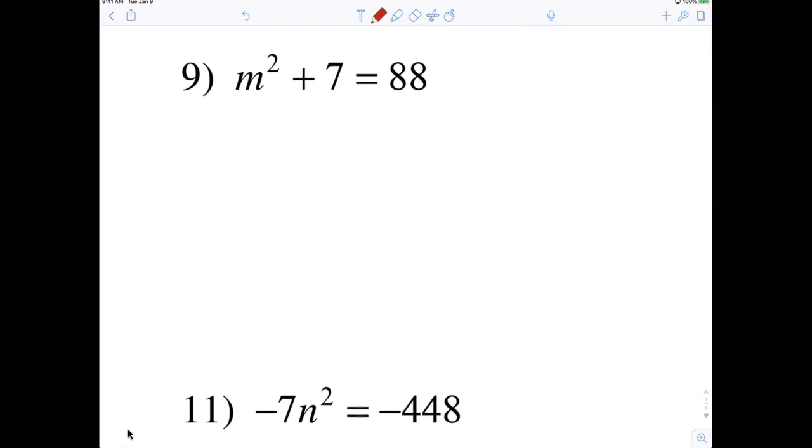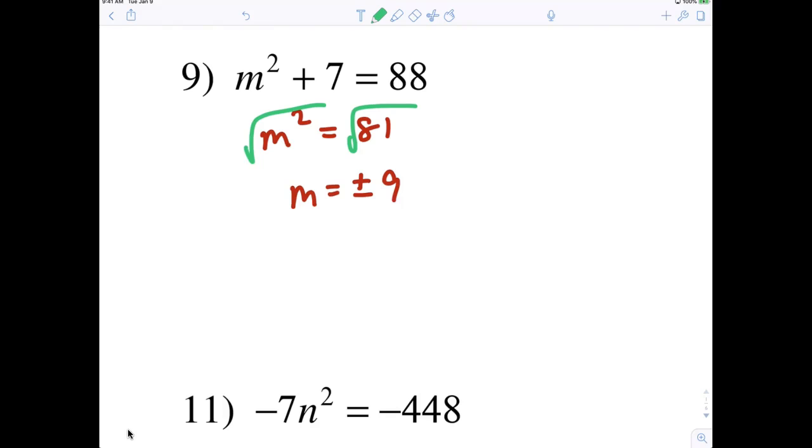Number 9, what do I have to do first? Subtract 7, so everybody should be able to tell me m squared is equal to 81. So now what's my answer? m is equal to plus or minus 9. Plus or minus 9. Very good. Right? Because we know what? The square root of 81 is what? 9.